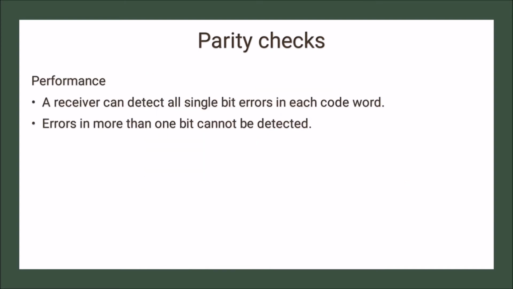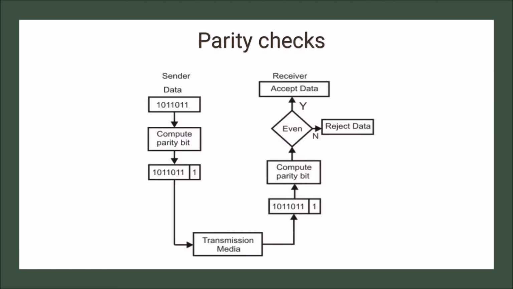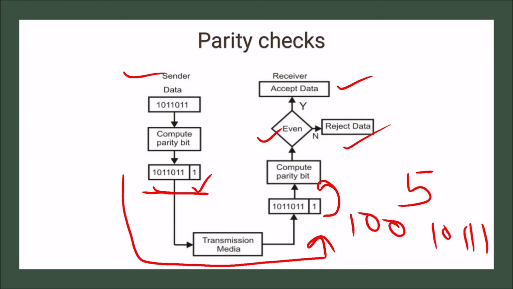Now the performance of parity check. A receiver can detect all single bit errors in each code word. Errors in more than one bit cannot be detected. For example, here this bit is changed to 0. This is a 1 bit error, and a 1 bit error can be detected. But if this one also becomes 0, what is the scenario?